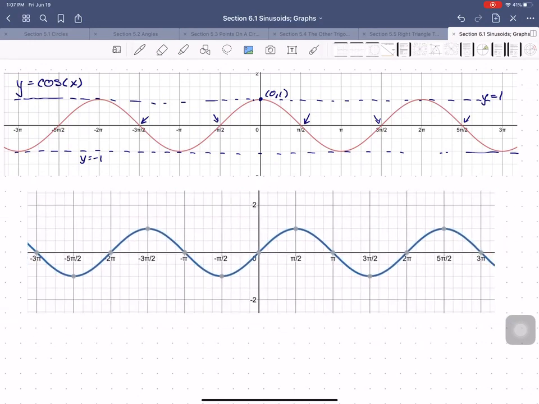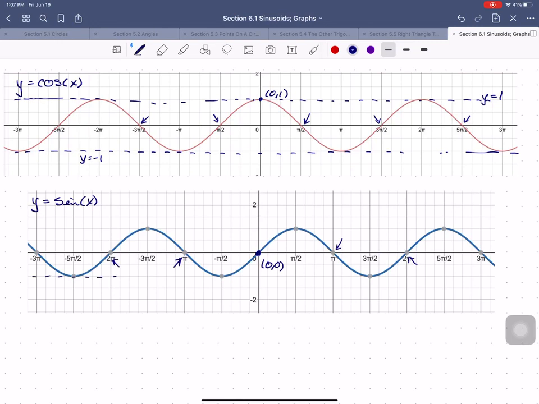So this one is y equals sine x. Notice that the sine curve goes through the point 0, 0, and it hits 0 at integer multiples of pi.